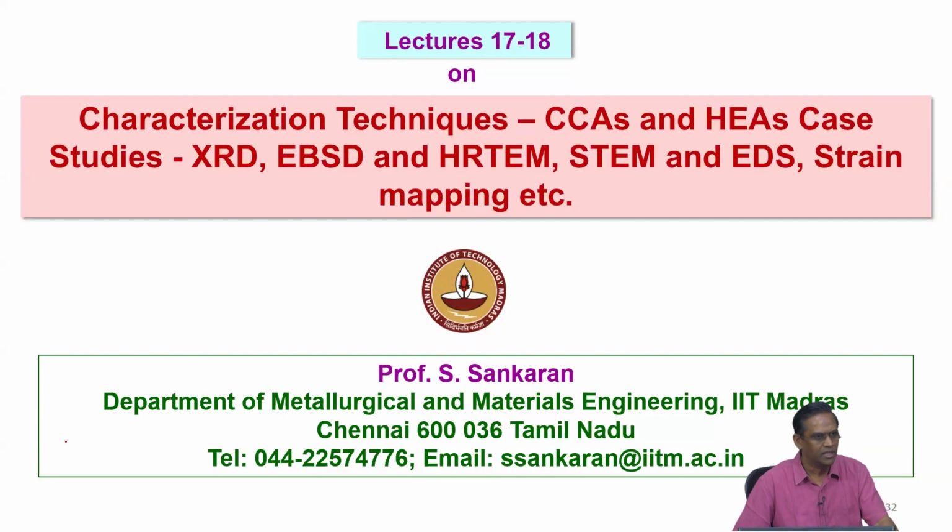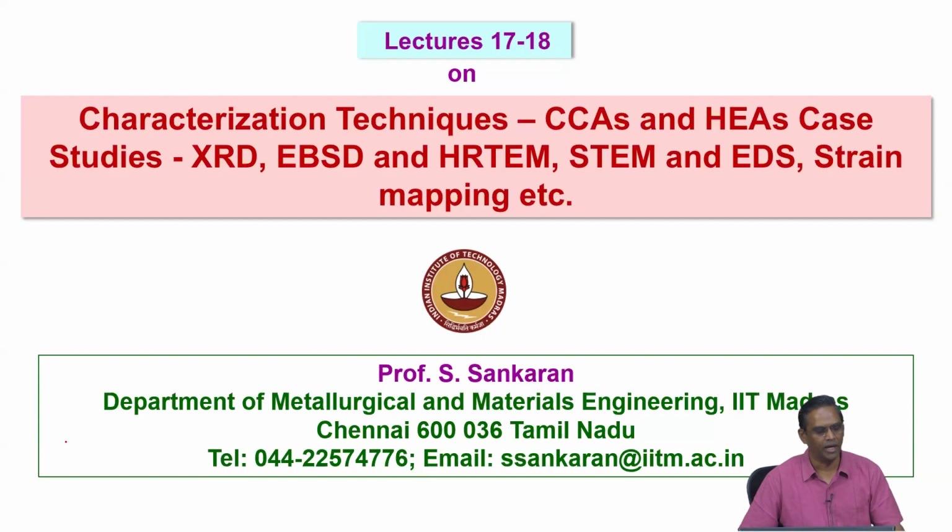Then apart from XRD, we also use electron microscopy techniques. In electron microscopy, typically we are interested in phase identification and the selected area diffraction information, and then we try to correlate it with the crystallography in a very localized region. If you want atomic scale identification, then we need a sophisticated tool like high resolution TEM.